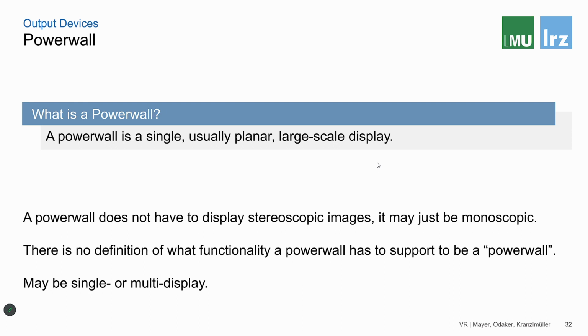So sort of think of it as a multi-display cinema, same thing. There is no fixed definition of what a Powerwall is and what functionality it has to support to be a Powerwall. It is a bit of a marketing term as well, but you hear it quite often when you read or hear about large-scale visualization screens.